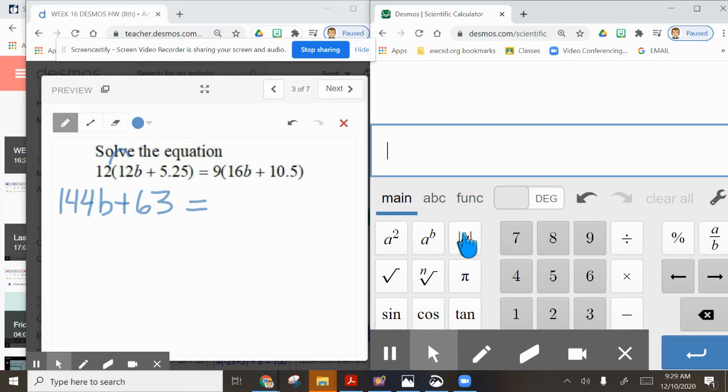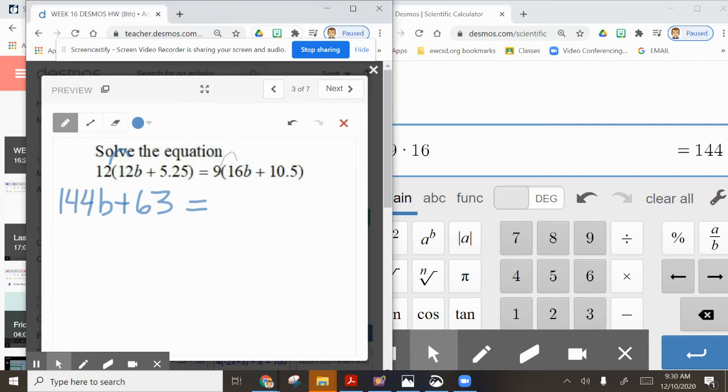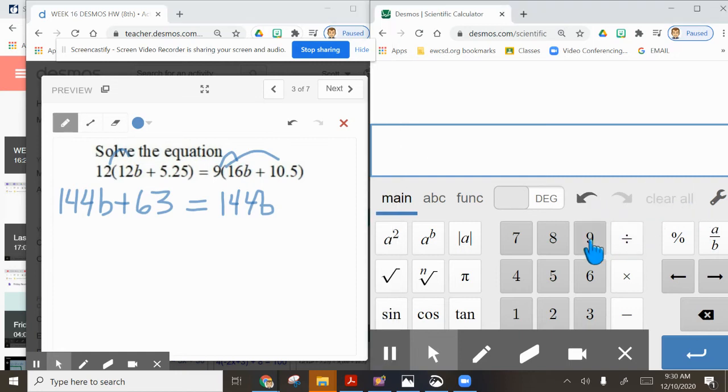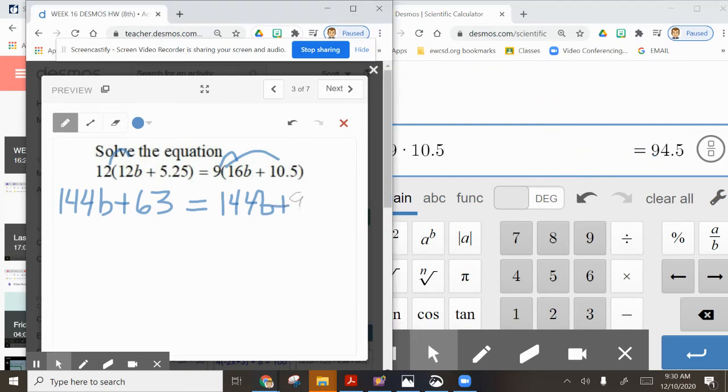All right, what about the next one? What's this going to be? 9 times 16? Interesting. When I do this jump, I get 144b. Okay. And then what about the last jump? 9 times 10.5. 94.5. All right.